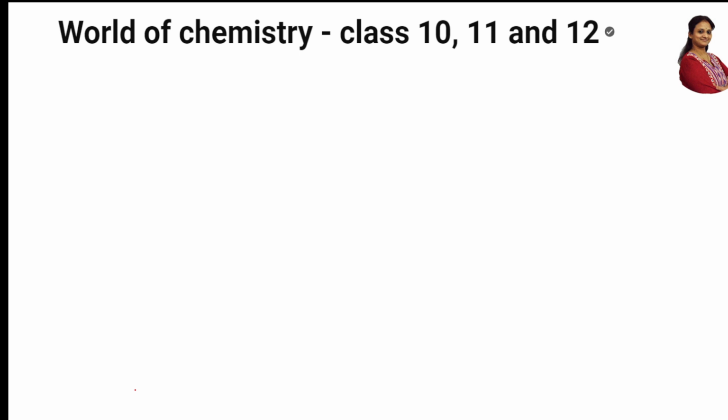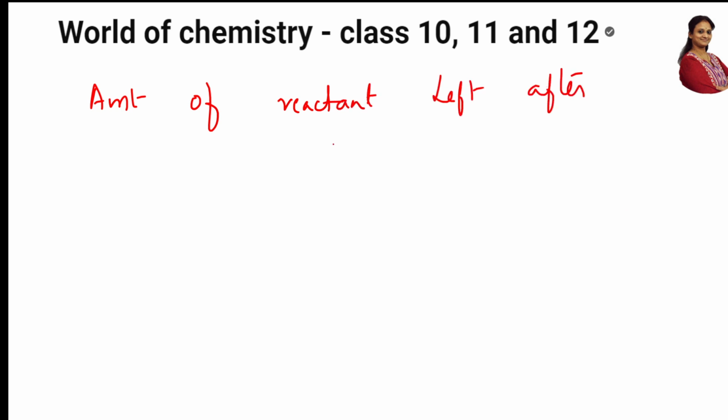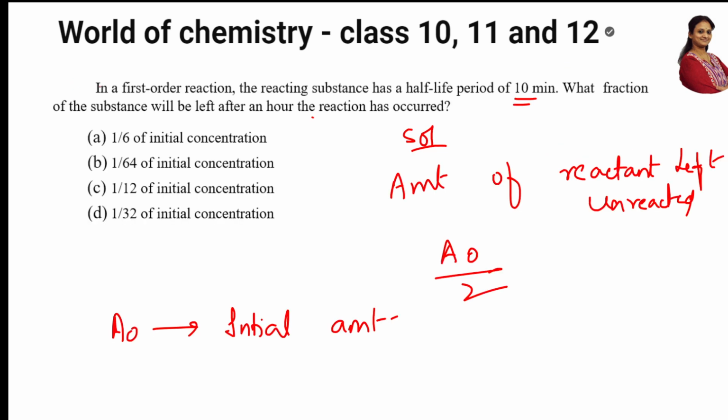So, the amount of reactant left after two half-lives is A naught by 2 square. Here, it's given: first order reaction, half-life 10 minutes. What fraction of the substance will be left after an hour the reaction has occurred?